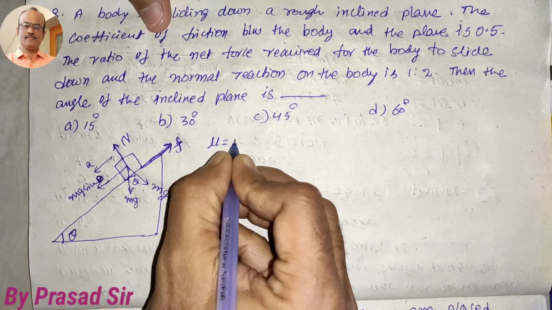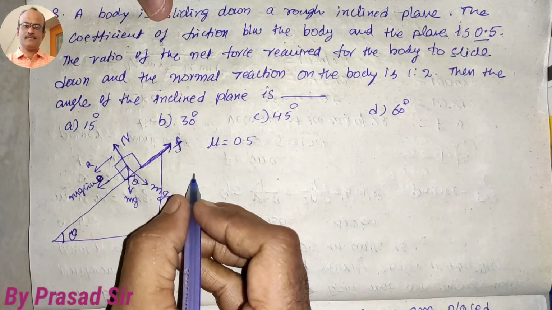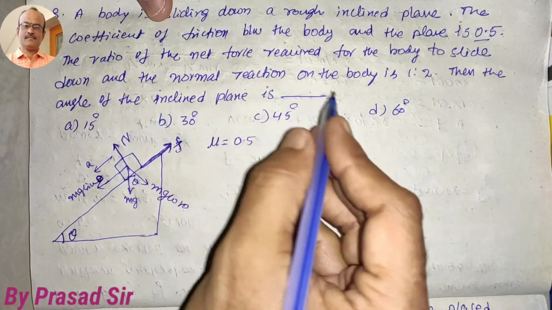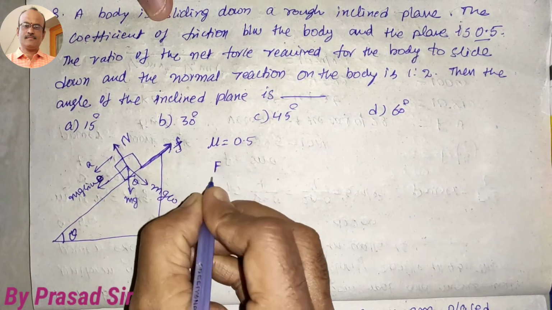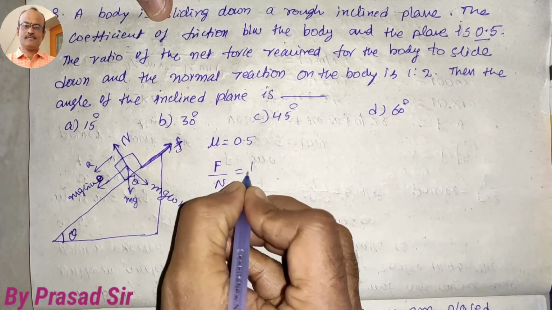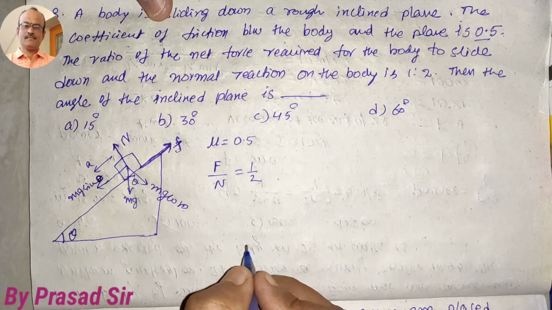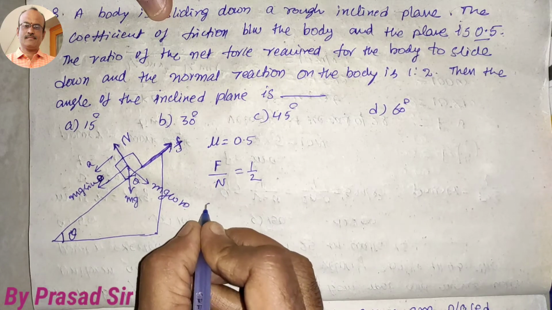The coefficient of friction is equal to 0.5, and they gave the ratio of the force required for the body, that is force F, to the normal reaction N as 1 by 2, and we must find the value of theta.